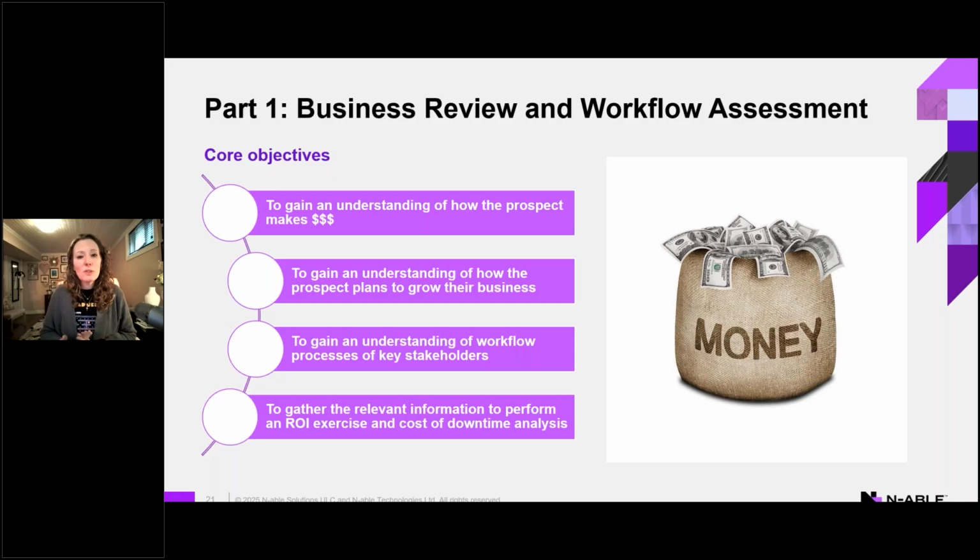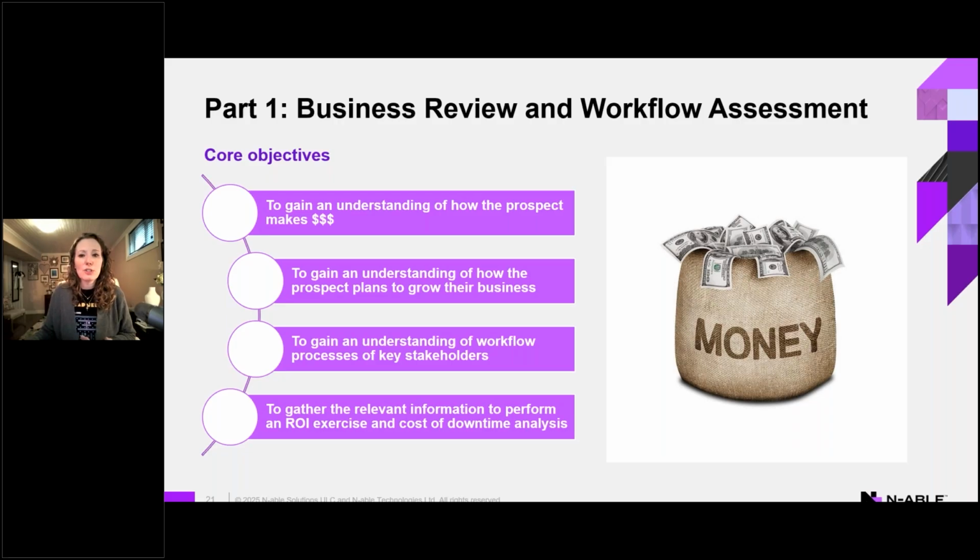The goal is to gauge how well your prospect is managing and executing in those areas that might be impacting their bottom line or hindering their growth, to see where you can insert your services to meet their growth and business objectives.